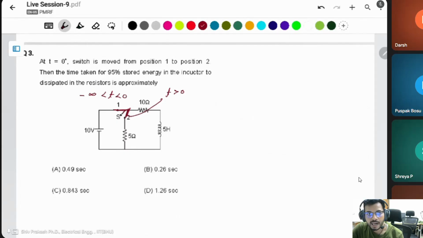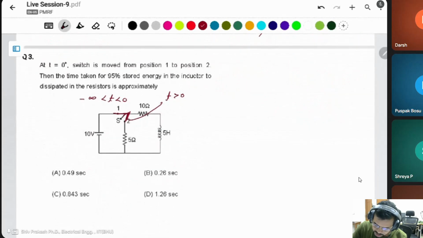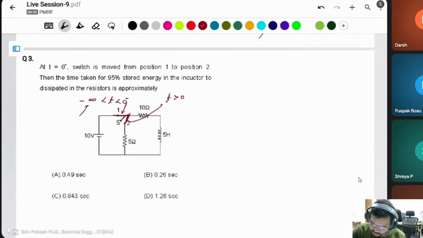I am showing this because the circuit runs from minus infinity to 0. In this case, the 0 minus point behaves like a steady state for this circuit. If you want to draw this circuit at t equal to 0 minus, the circuit is connected at position 1 only.